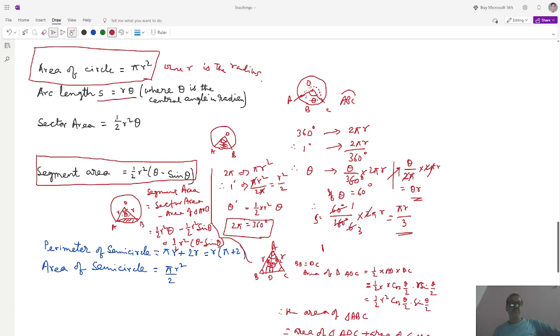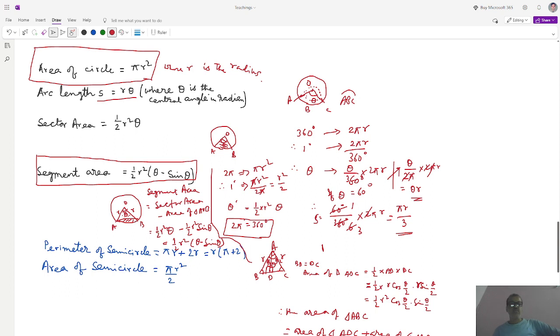This shaded area is the segment area. The segment area equals sector area AOB minus area of this triangle OAB.